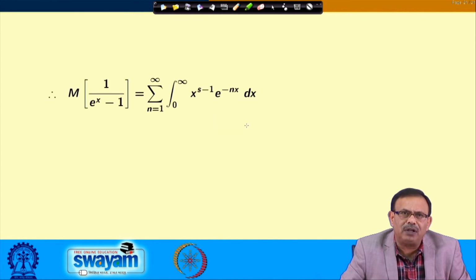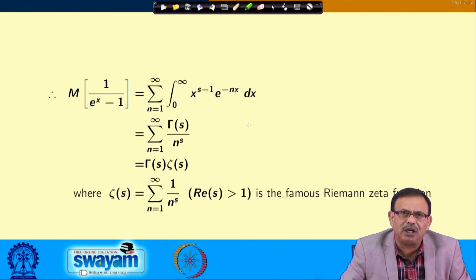So, the Mellin transform of 1 by e power x minus 1, I can write down this integral, which is nothing but the summation n equals 1 to infinity of the integral 0 to infinity x to the power s minus 1 e power minus n x dx, which is nothing but gamma s by n to the power s.